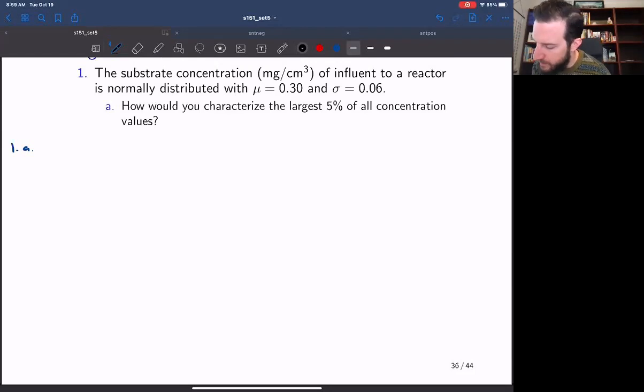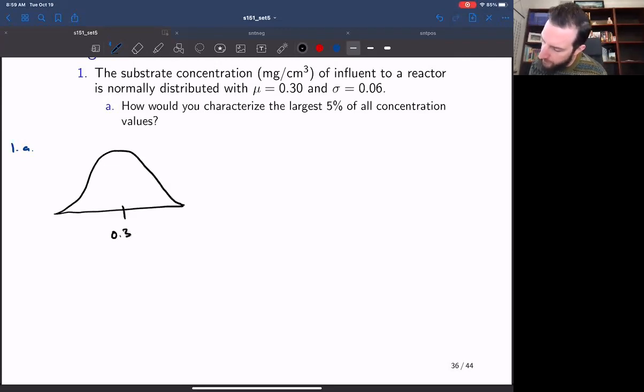If we were to sketch this, we would start with our normal curve. This curve is centered at 0.3, which is our mean. This value here is the value that we are looking for. From the question we have a size of 0.05. It wants to know what value bounds the largest 5% from the rest. So we want to know what X value puts 0.05 in the upper tail.